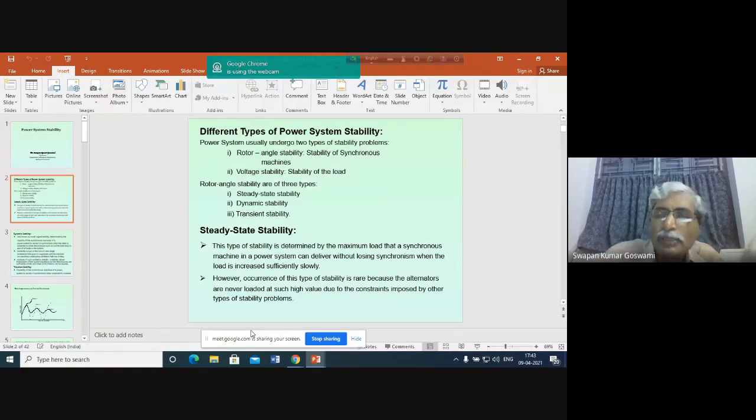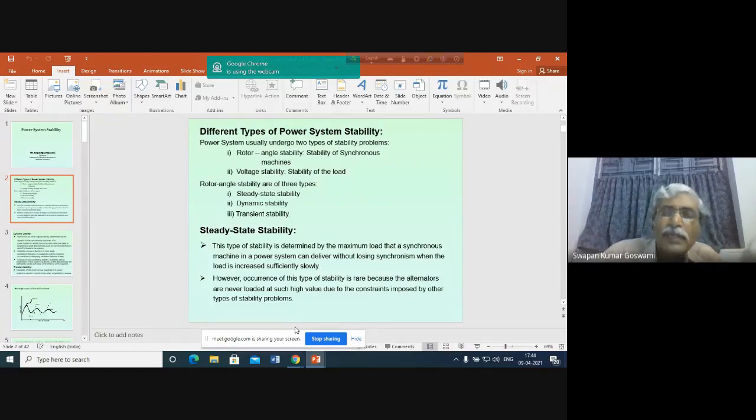Why was voltage stability not apparent at that time? Because then the system was not that heavily loaded. Why was it not that heavily loaded? You see that our system has increased in size everywhere. Load has increased, generation has increased. But with the increase in load and generation, there was no matching increase in the transmission capacity.